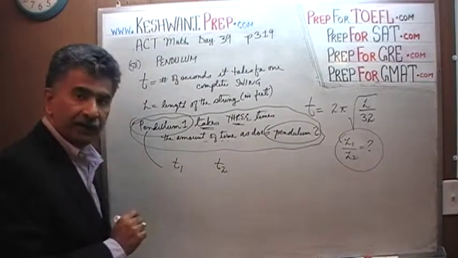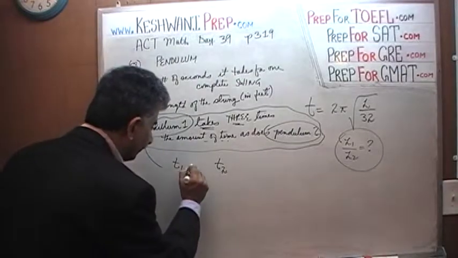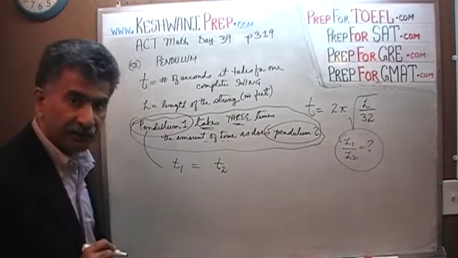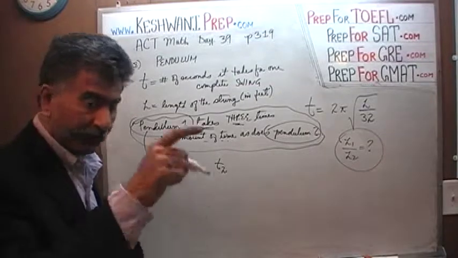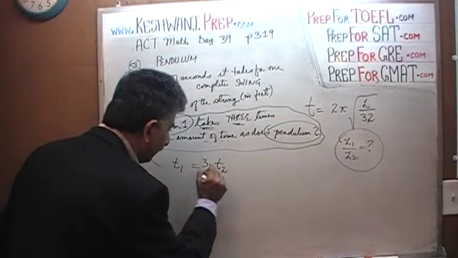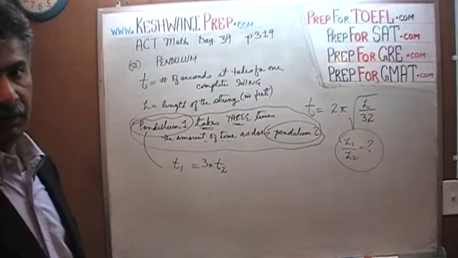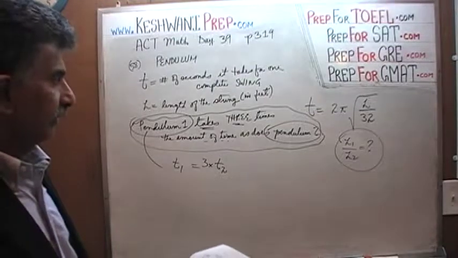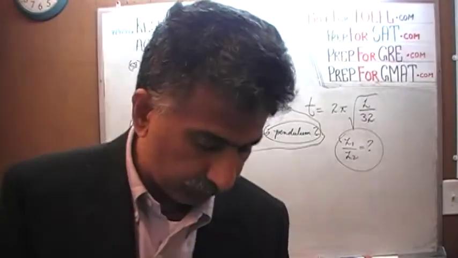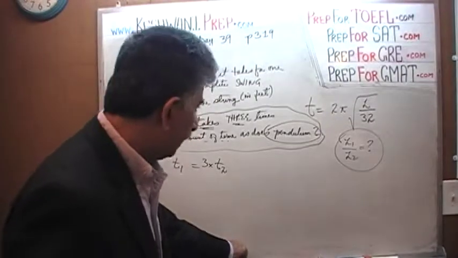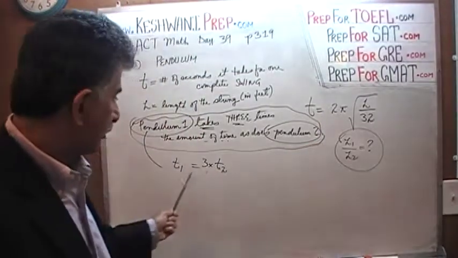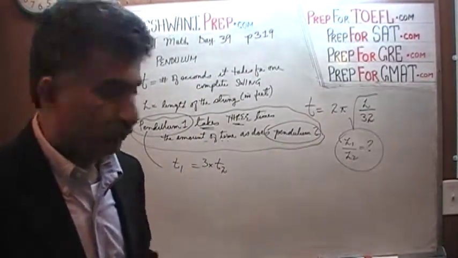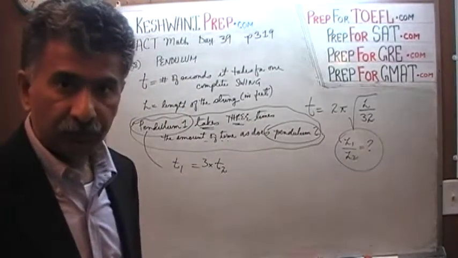The first pendulum takes 3 times that amount, so T1 equals 3 times T2. Now all we have to do is substitute our formula and solve for the ratio L1 over L2.